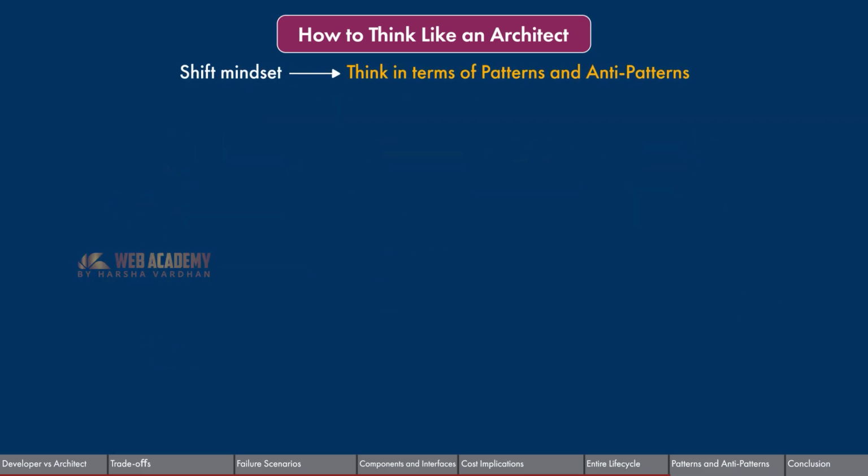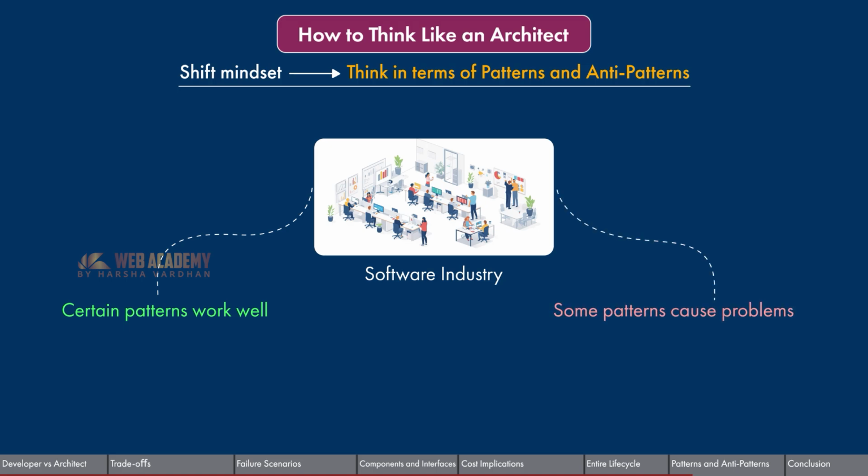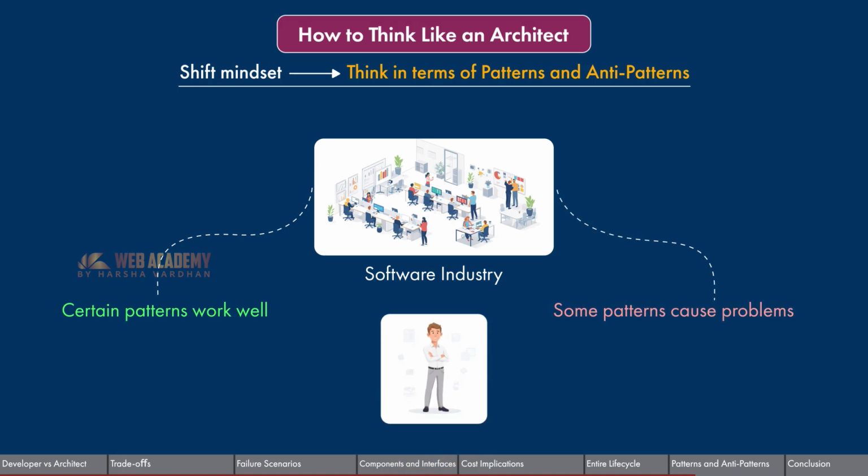And finally, and this is crucial, architects think in terms of patterns and anti-patterns. Over the years, the industry has identified certain patterns that work well and others that cause problems. An architect knows these patterns and applies them appropriately.